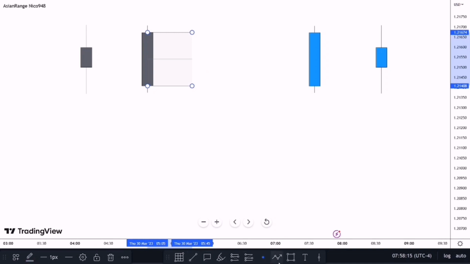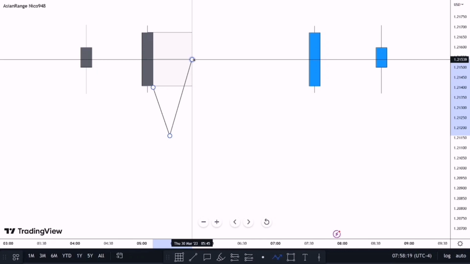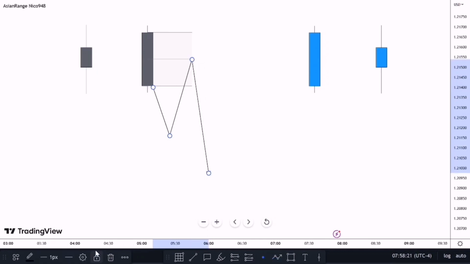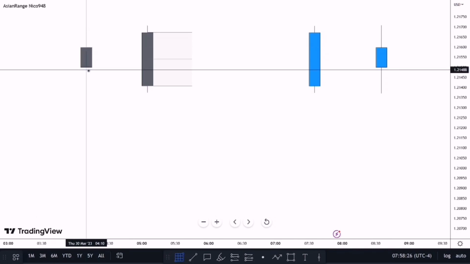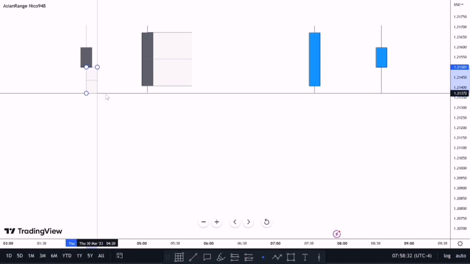And what we are usually looking for is for price when it comes back to hit the 50% level and then continue, right? When it comes to candles that have wicks such as this, we take the low of the body to the low of the wick, and then we extend it.